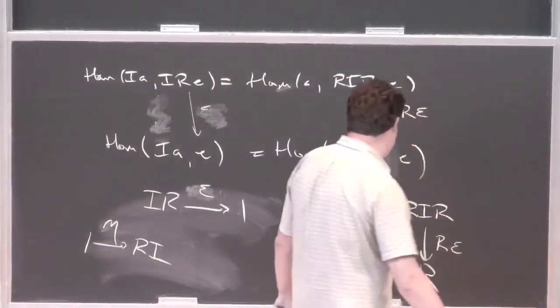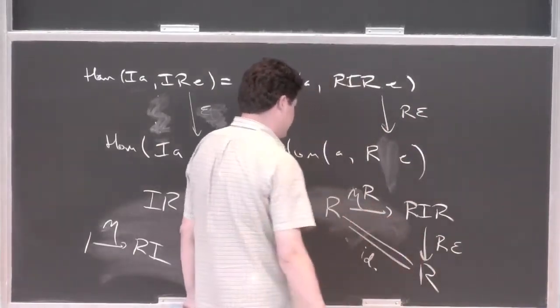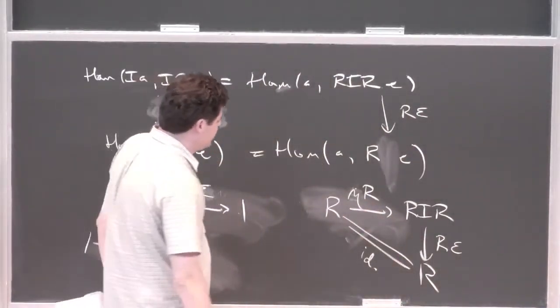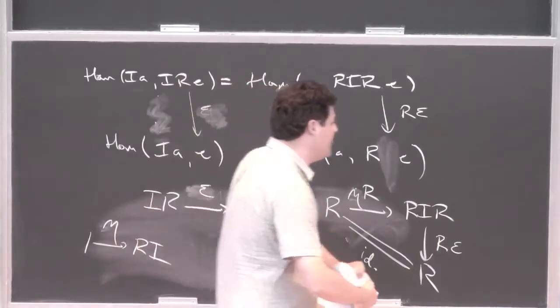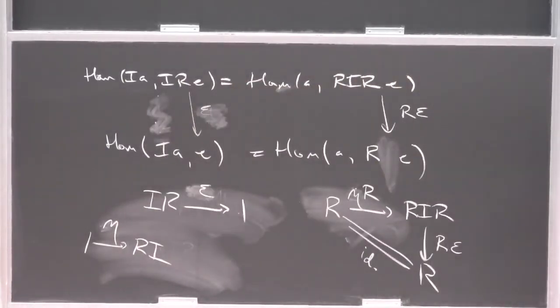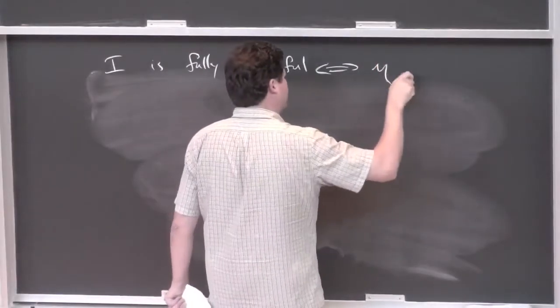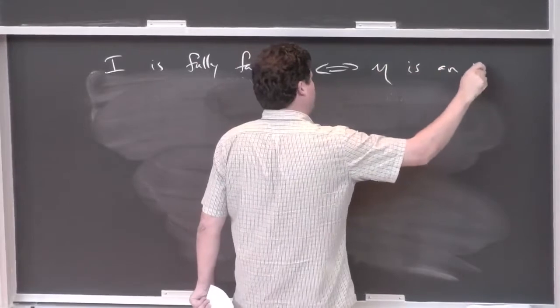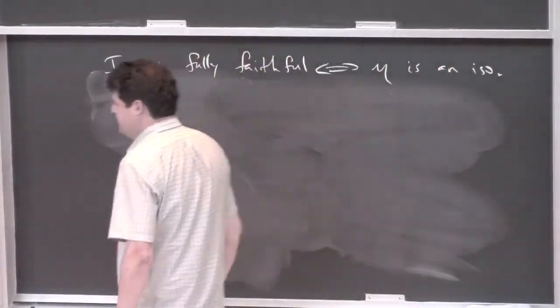So MacLane will tell you that this composition is always the identity. And what I claim is that because I is fully faithful, I is the inclusion of a subcategory, I is fully faithful if and only if the unit of the adjunction, eta, is an isomorphism.